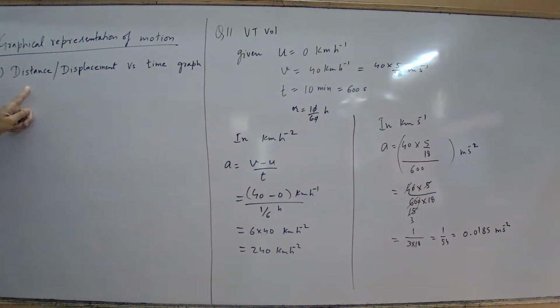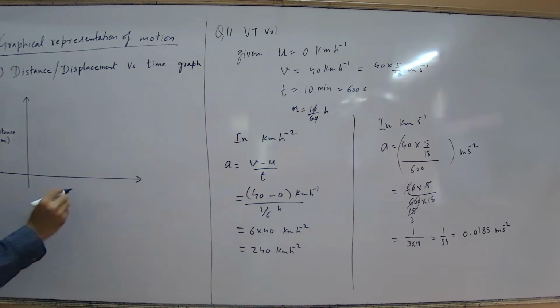Meaning how the distance is changing with time, or how the displacement is changing with time. So distance will be kept on the y-axis, and time will be on the x-axis. Let us say I draw this graph, right? So my distance is here. Distance is in meter, and time is in seconds.